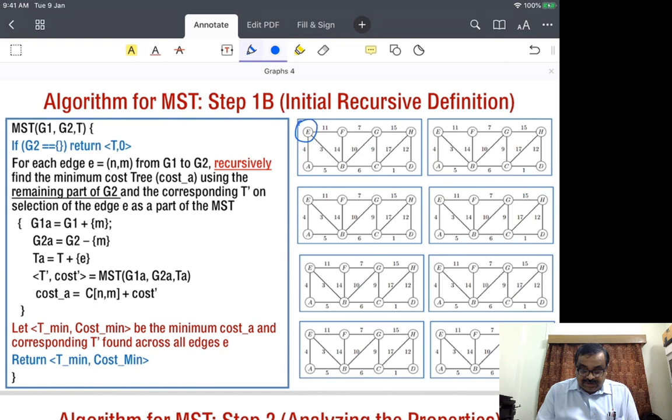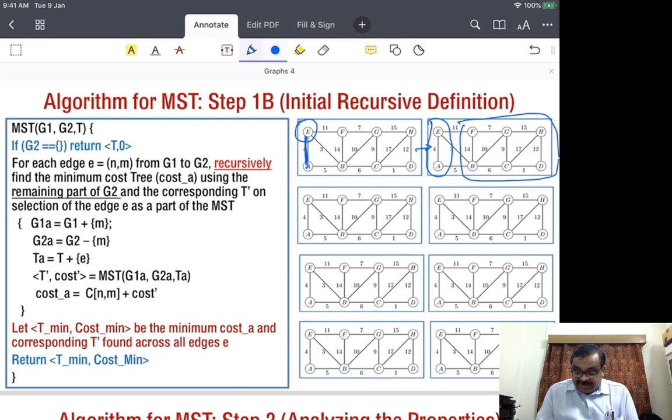Suppose we chose this edge, then we branch in this direction, and we have done this case and this case. Now, from here, how would we go? From here, we have again three options. We could choose this option, or this option, or this option.